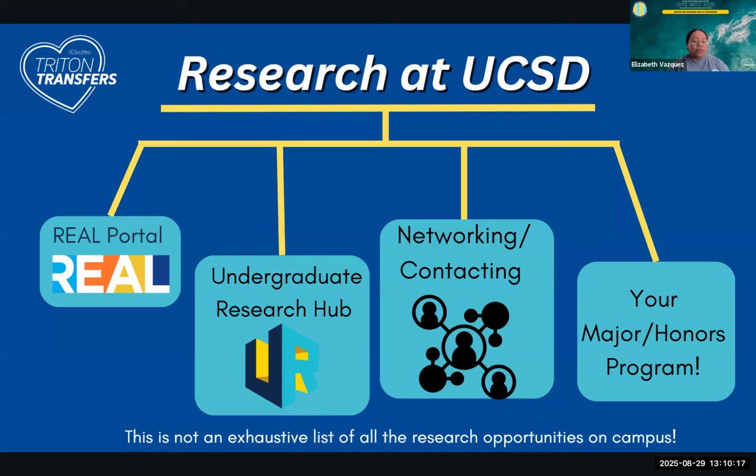There's the Real Portal, the Undergraduate Research Hub, networking and cold emailing, which is what we're going to mostly focus on today. And then your major department or honors program may also have research opportunities for you. So that might also already be embedded into your curriculum.